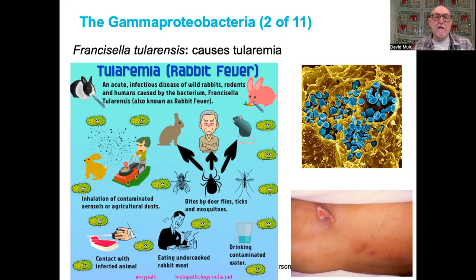It's only under specialized circumstances, usually from agricultural dust and stuff that it is acquired, or especially where there's rodent feces and things like that present. So that is Francisella tularensis, causing the disease of tularemia, also known as rabbit fever.